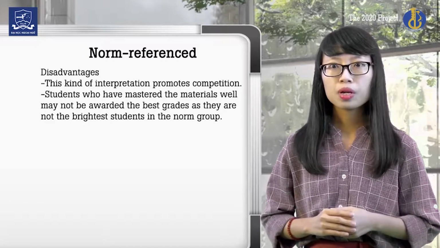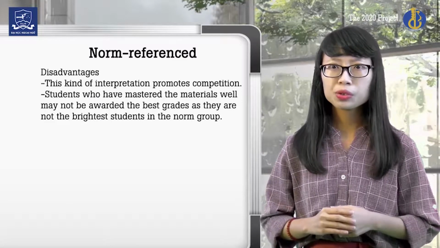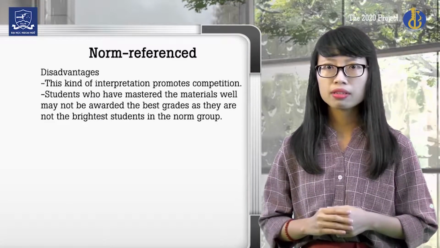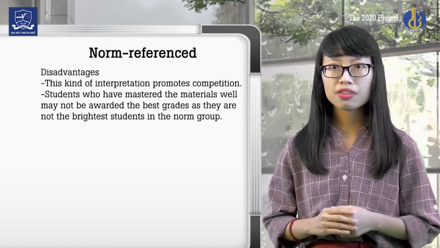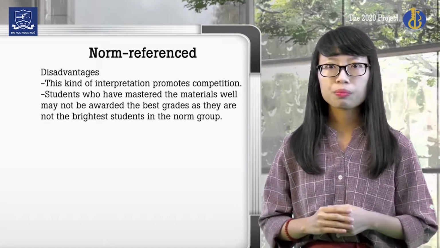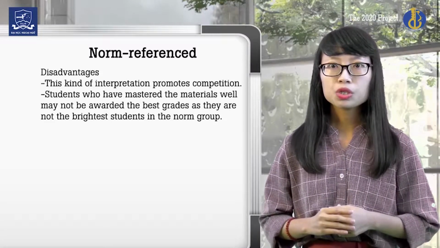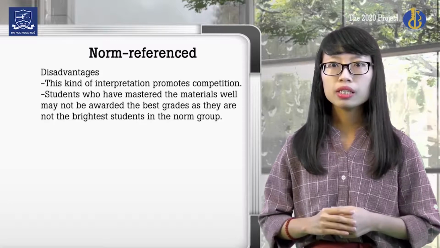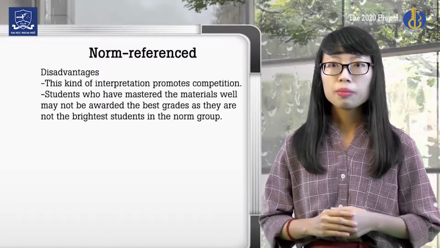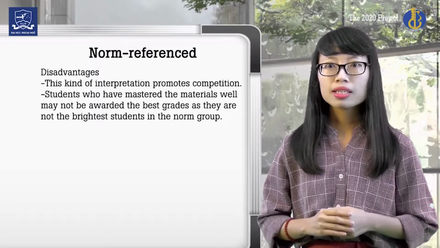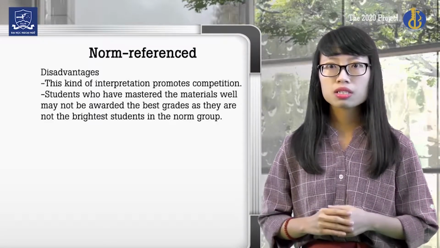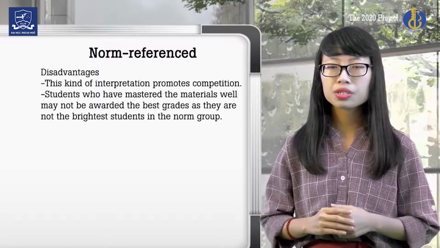For example, some high school students may choose not to take a higher level class such as advanced English, or parents refuse to put their children in an advanced class because they know that this type of class consists of highly talented students.